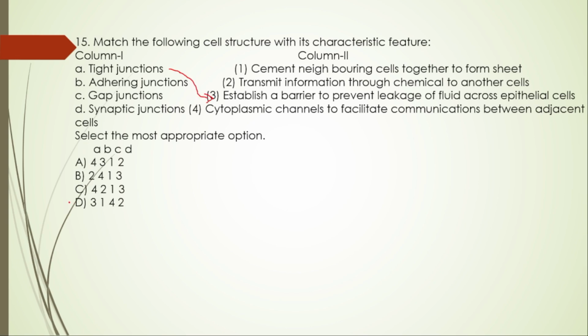A is 3 means it has only one option, that is D. Adhering junctions cement the neighboring cells together. The gap junction is for cytoplasmic channels that facilitate communication between adjacent cells, and synaptic junction is left with 2, that is transmitting information through chemicals to another cell. So here for the 15th one, the right option is option D.